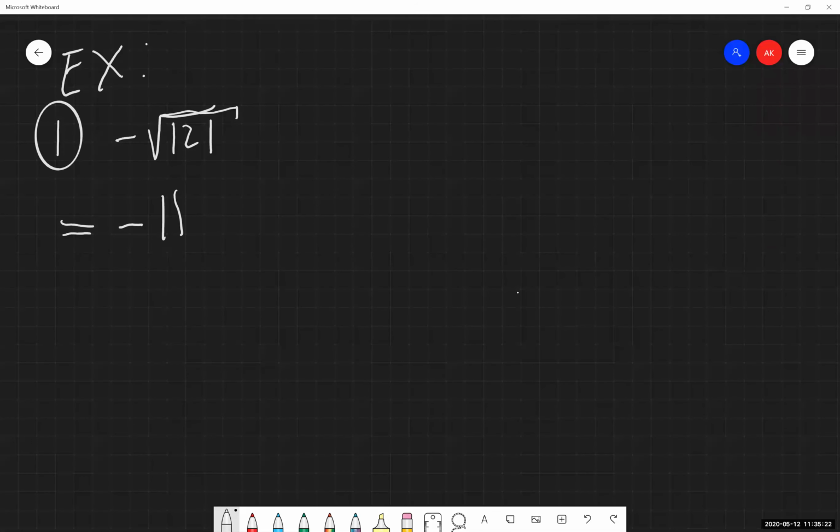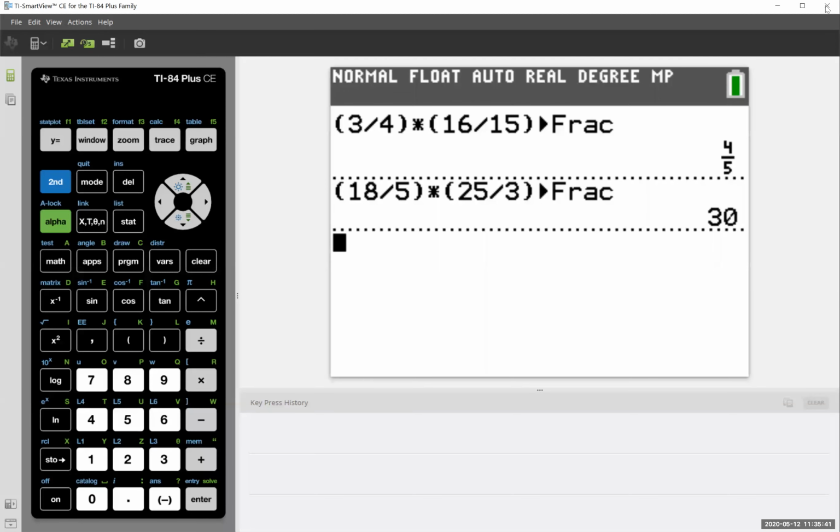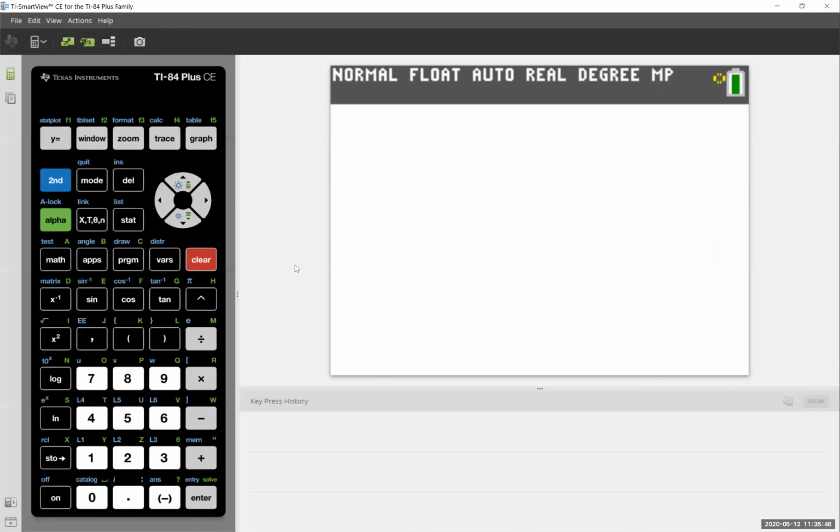I'm going to show you how you can plug this into your calculator so you can do some of these calculations on your own. So I'm going to jump over to the graphing calculator app that I have. If you have your graphing calculator, now is the time to get that out. I would highly recommend getting that out. Clear the previous stuff that we have here.